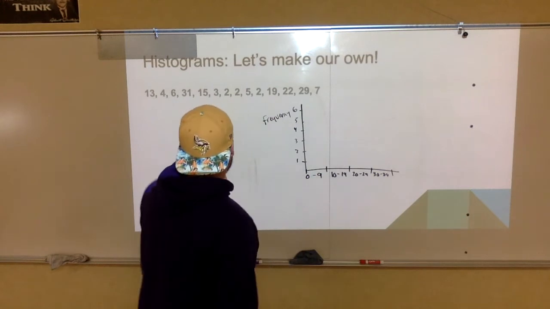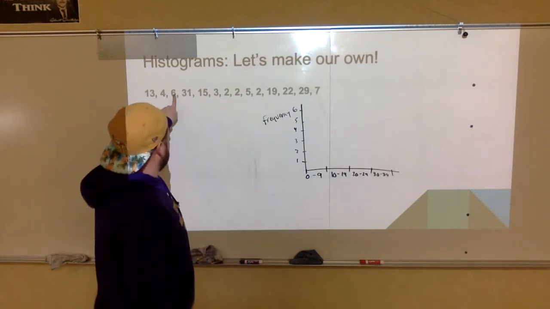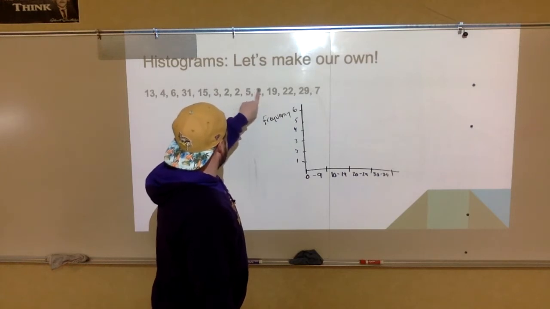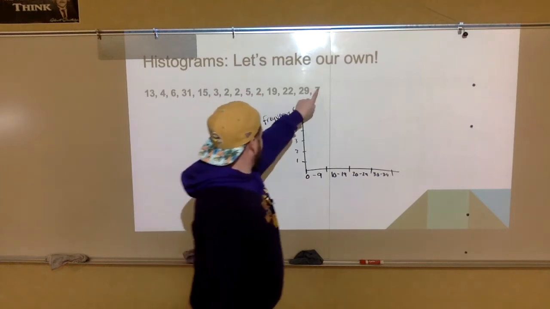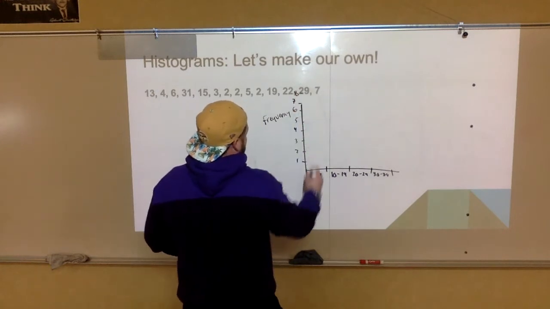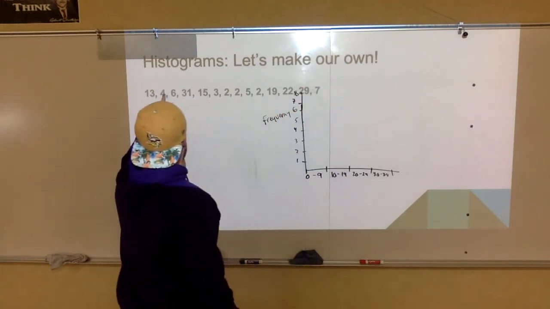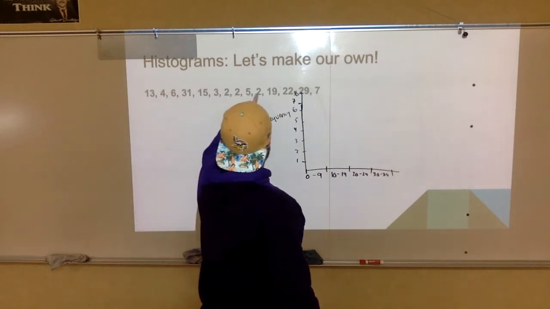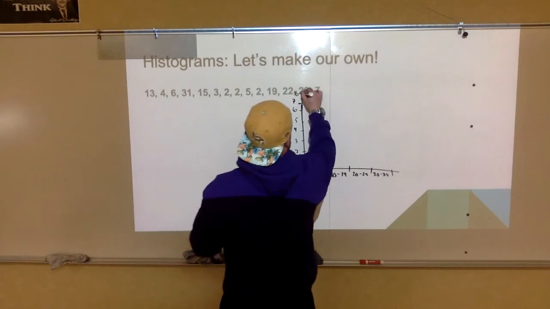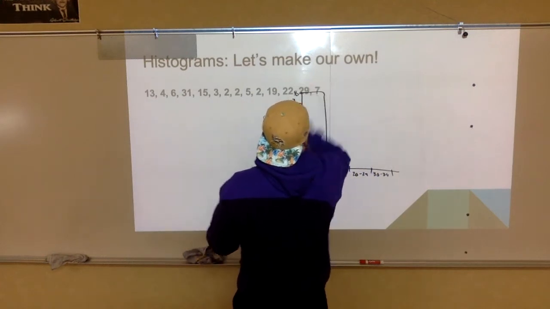So let's count that together. 1, 2, 3, 4, 5, 6, 7, 8, I believe. So maybe it did go a little higher. It looks like 8 of those numbers. Let me count again. 1, 2, 3, 4, 5, 6, 7, 8. 8 of those numbers fall between 0 and 9. So I'm going to draw a little bar here.